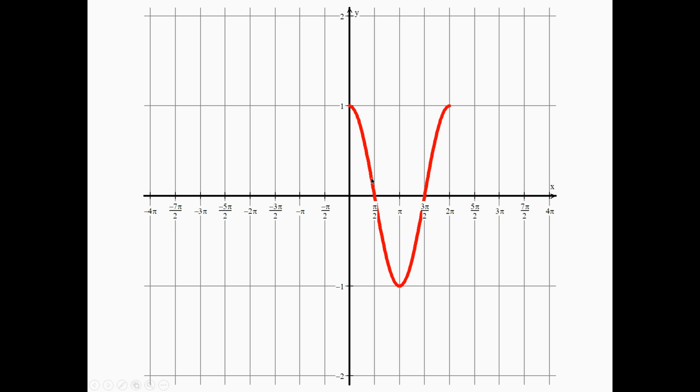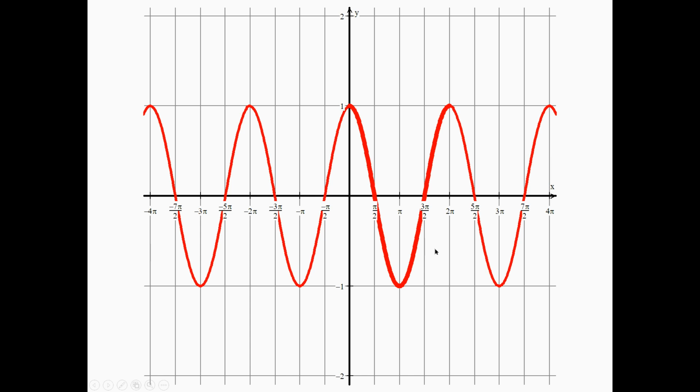Yeah. One basic period of the cosine function does look weird. If I complete it, and again, if you didn't know where the y-axis was, you'd say, that looks an awful lot like the sine function. Yes, the sine and cosine functions look exactly alike, except one of them is the other one shifted over. And if you don't know where the y-axis is, you couldn't tell them apart.